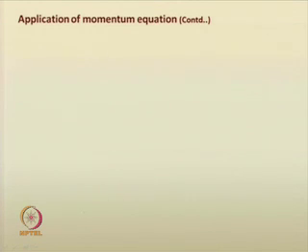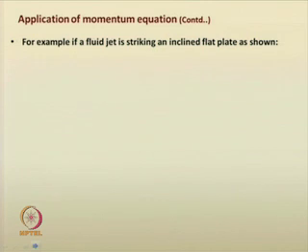We have to apply the same momentum equation. Let us explain it with an example. Suppose a fluid jet is striking an inclined flat plate, I am just drawing it.